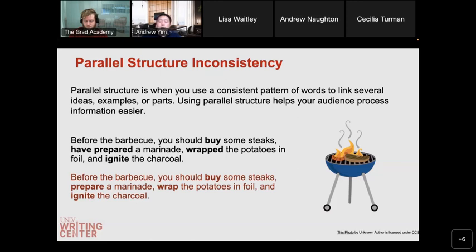One thing to keep in mind when you're proofreading is your parallelism: does every sentence have a similar structure in terms of verb usage, or do the items in the list match each other? As you can see here: buy, prepare, wrap, and ignite. Those are things to keep in mind too.